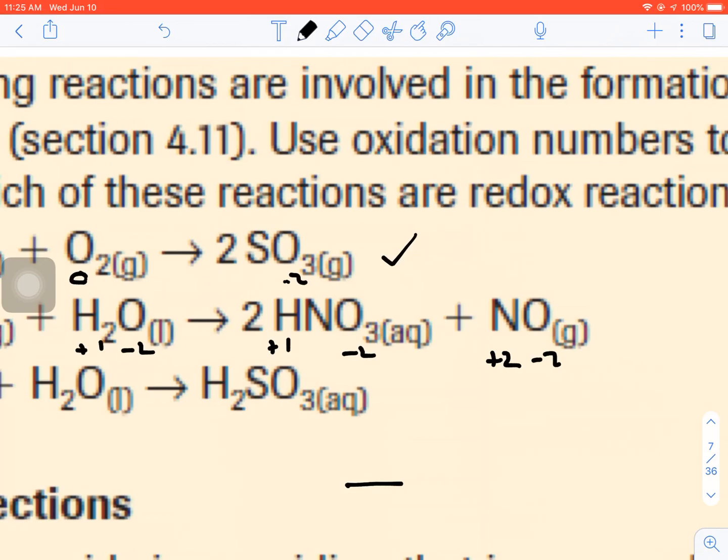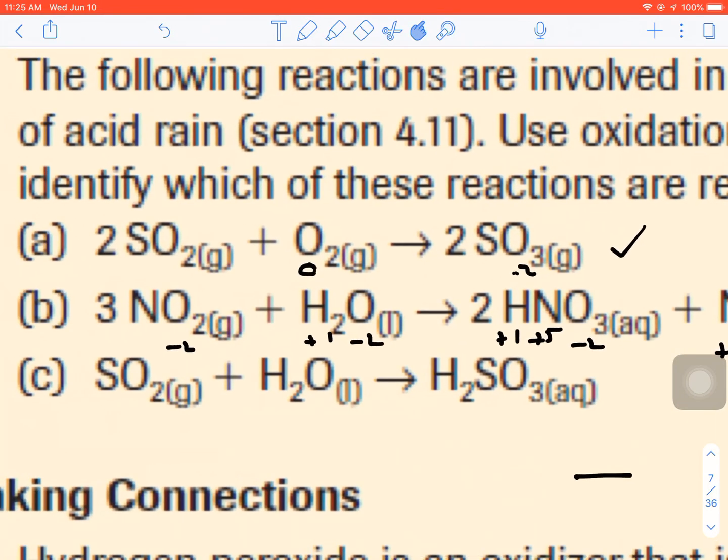In this one beside it here, I've got 3 -2's, which is -6, +1. I need 5 more pluses. Let's go back to the other side, and let's look at the NO2 here. I've got 4 negatives, so I must have 4 positives.